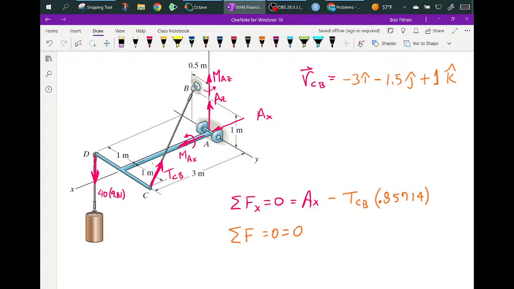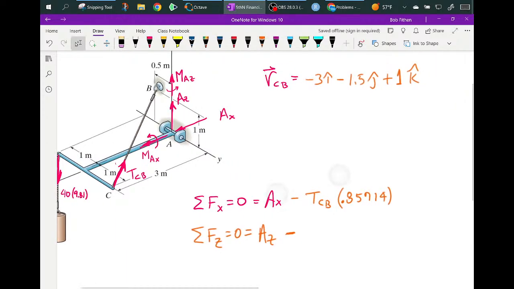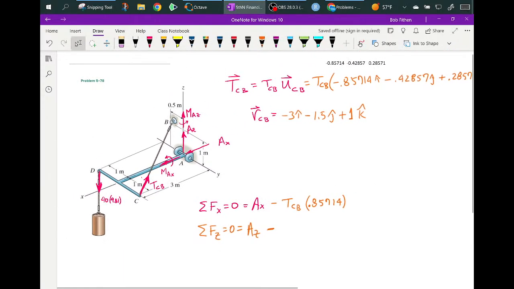Let's do Z first. Z, be AZ minus, oh, we're getting close to the end anyway, and I've got to start the other, so I may finish this up next time.